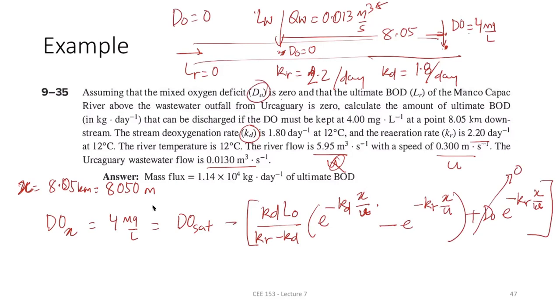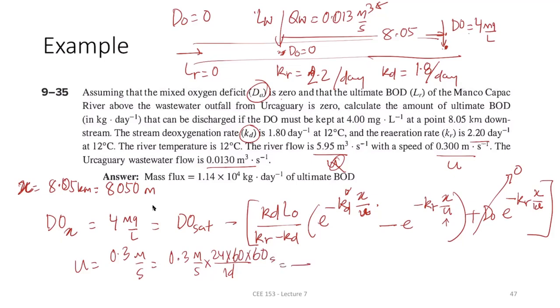And also it says the initial amount of, let's see, everything else is given. U is given. U value is, let's see, what's the flow rate? 0.3 meter per second. Again, this has to be written in days because you are using KD in per day. So that would be 0.3 meter per second times 1 day is 24 hours, 60 minutes, 60 seconds.